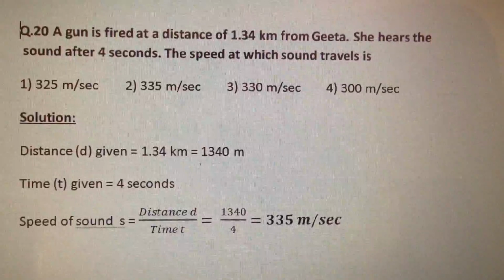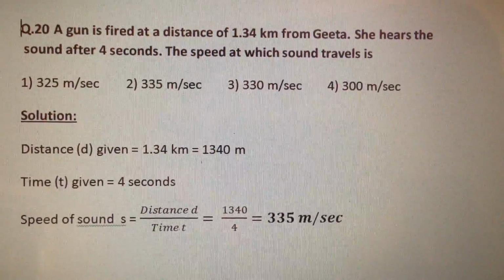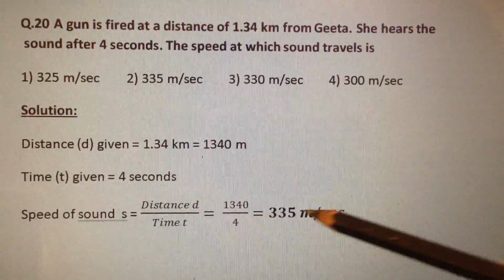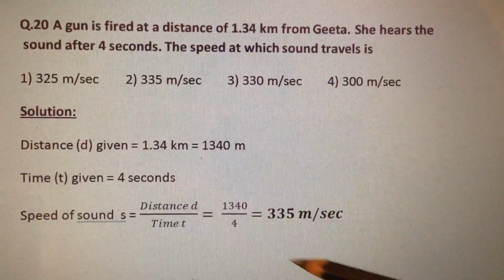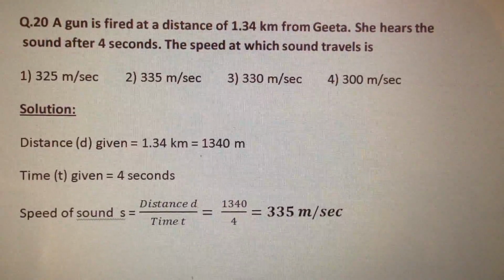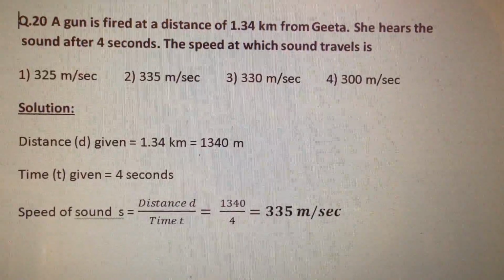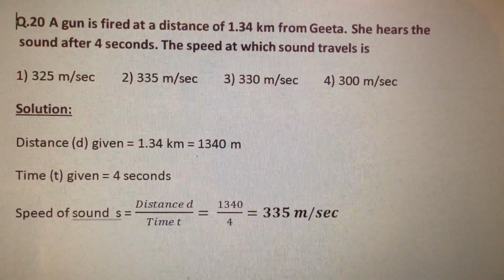We know that speed is equal to distance by time. Here distance is given, 1340 by 4, which is equal to 335 meters per second. Therefore our answer is option number 2.